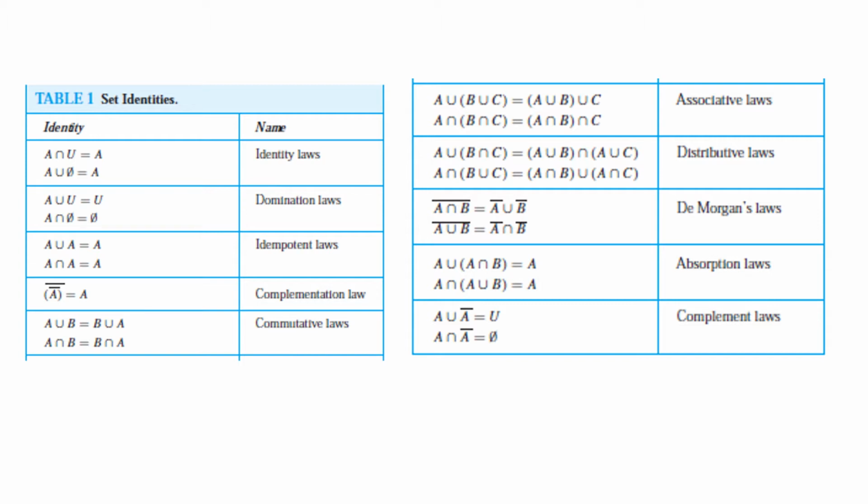You have the complement of A union B would be equal to the complement of A intersect the complement of B. Or we could also have another De Morgan's law.